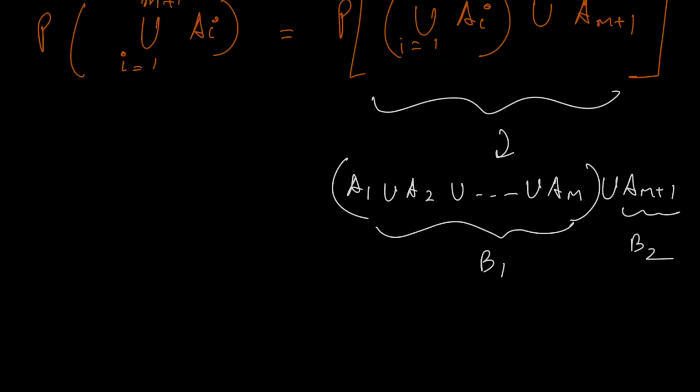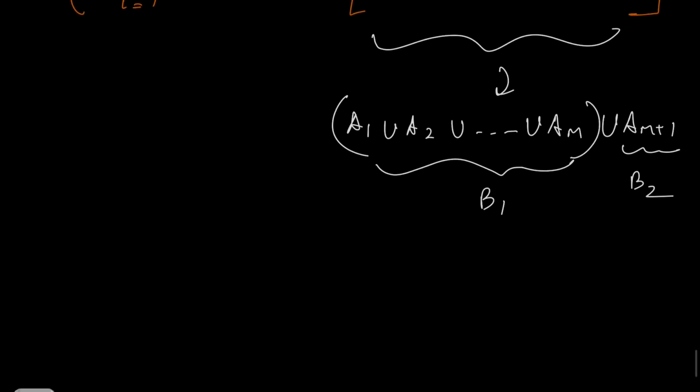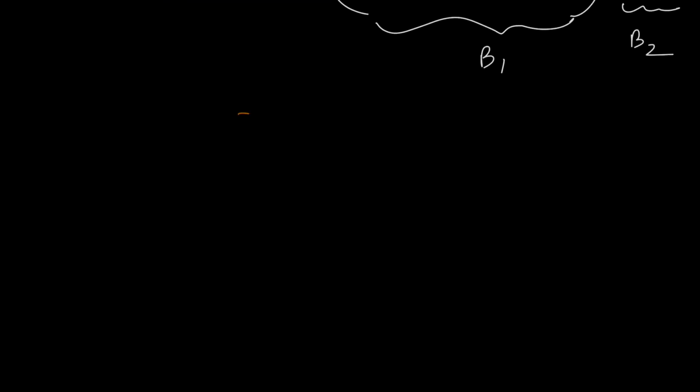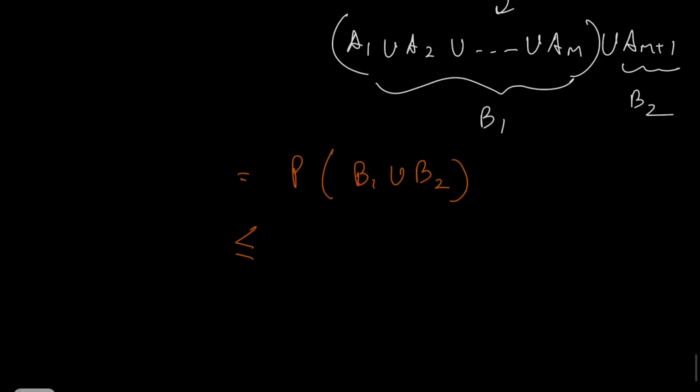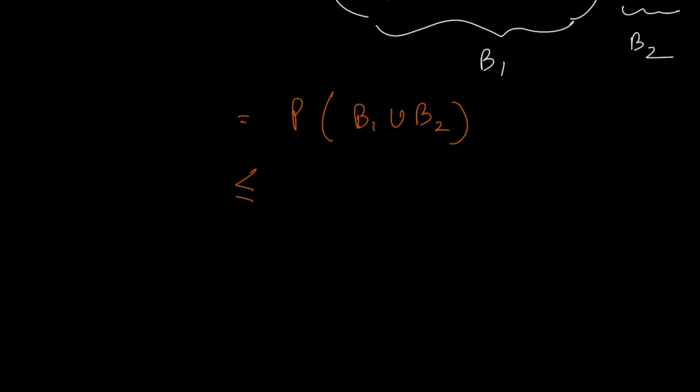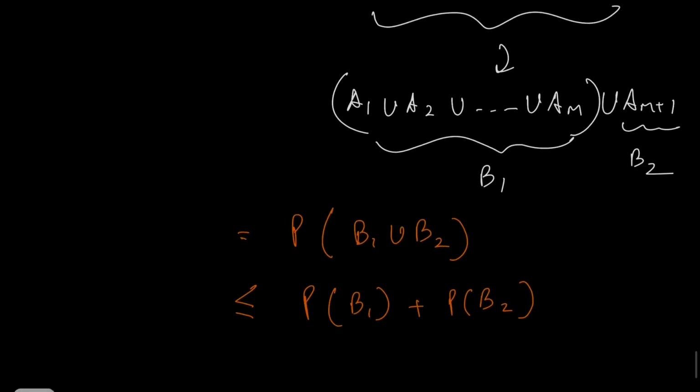So this is nothing but P of B1 union B2, and we have already established that for n equal to 2, for the two events B1 and B2, Boole's inequality holds. So it becomes P of B1 plus P of B2.